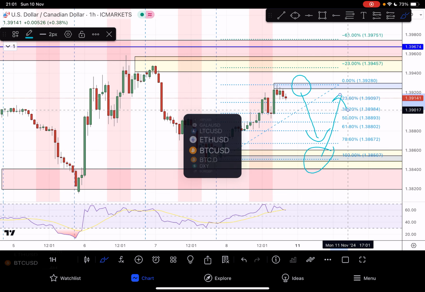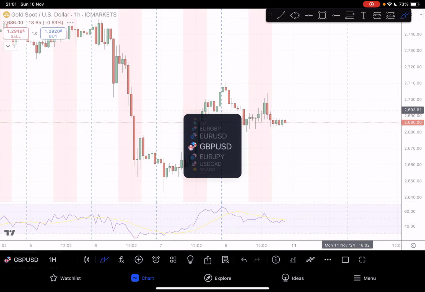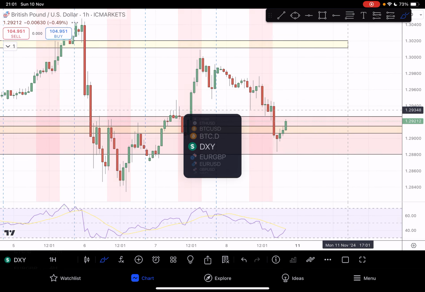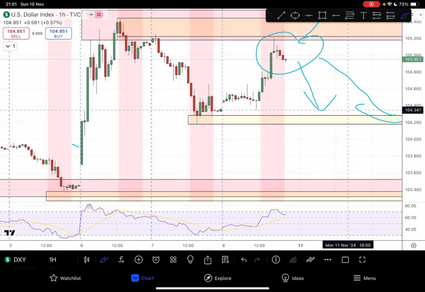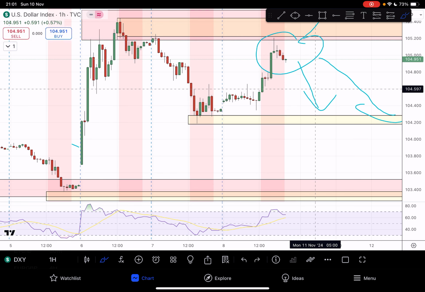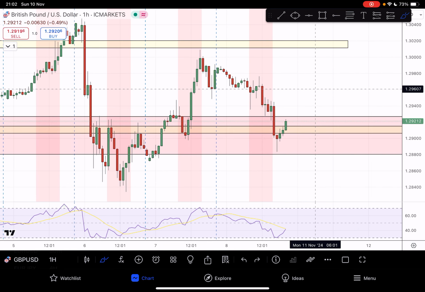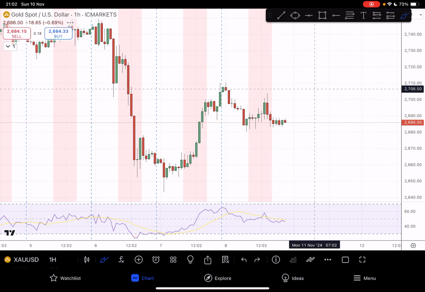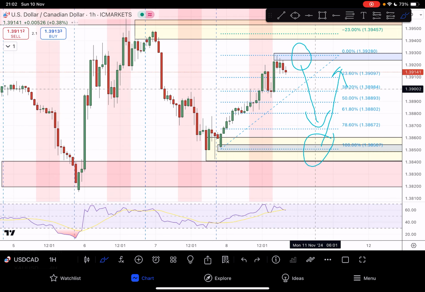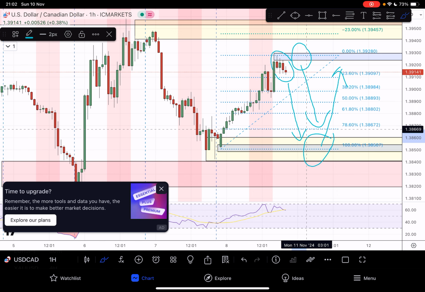If we look at the DXY, DXY looks to be going down. So if it does go down on a H1 time frame, then we know USDCAD follows similar price action. So if I go to USDCAD, similar price action to DXY. So it could go down here as well.